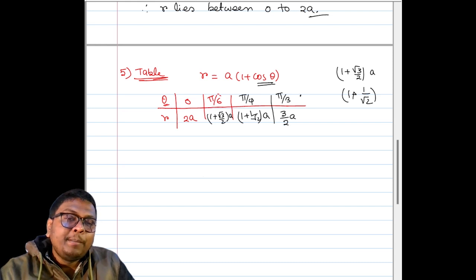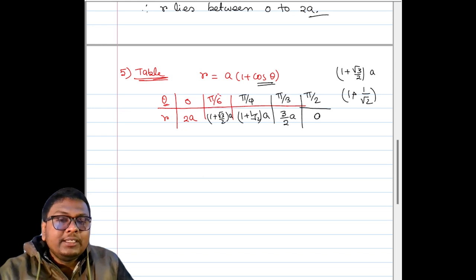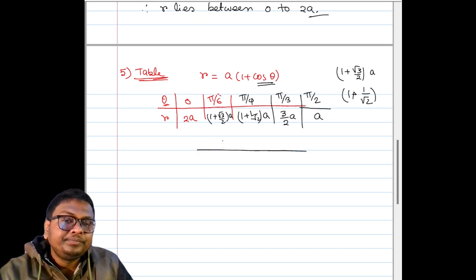And if it is pi by 2, you will get a. Now similarly, you just find the values for 120, 135, 180. And you can see at 180, the value is pi.